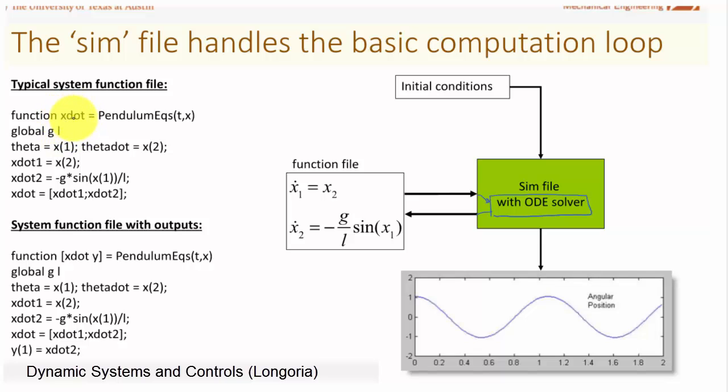This is going to contain the vector of state derivatives, and it returns those to your calling routine, which in this case would be an ODE solver, but you could actually call this from a simple command line. The name you use here, I'm using pendulum equations, so the name of the file would then be pendulumequations.m, right?